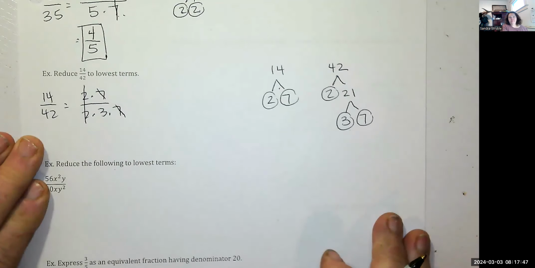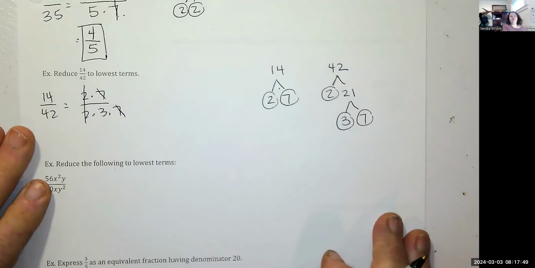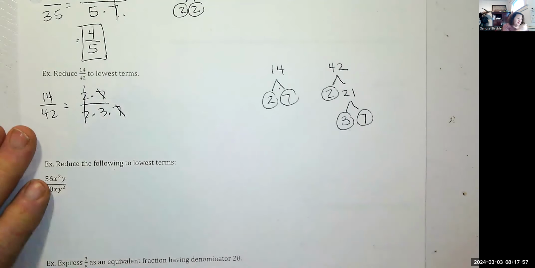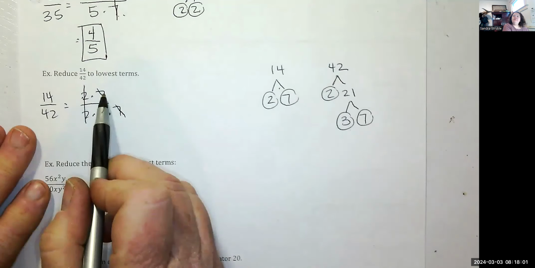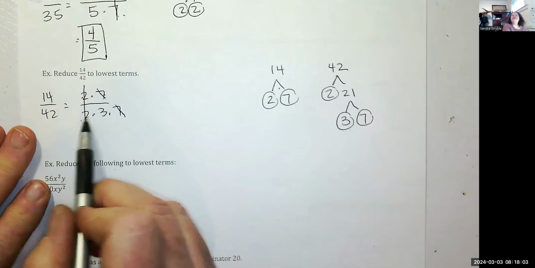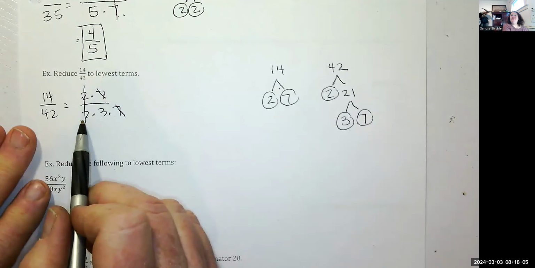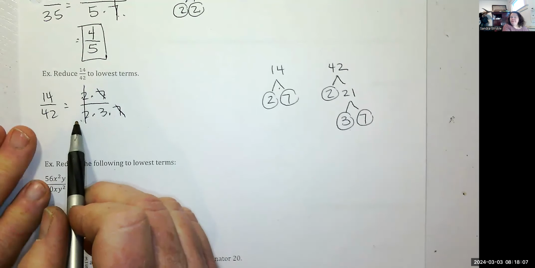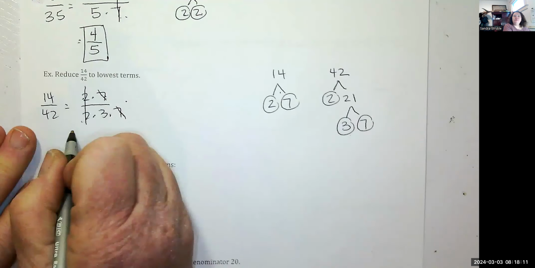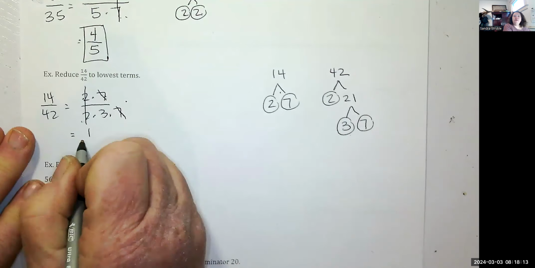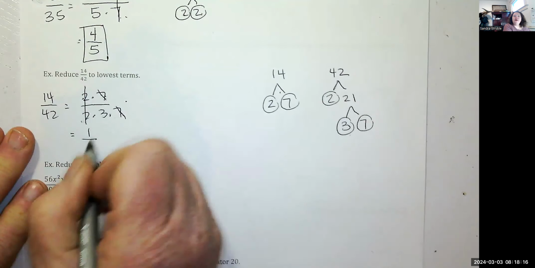Be careful. This is where people really mess up. A lot of people will just write that the answer is 3, and they would be wrong. Okay. So if you cross out everything in the numerator, or everything in the denominator, then that becomes 1. So in the numerator, since everything else has been crossed out, we now have 1 divided by, and all we have left down here is 3.